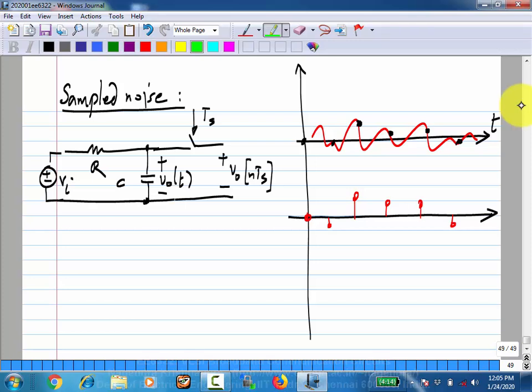Again, what is variance? It is an average over the ensemble, right? So imagine a lot of instances of the continuous time noise process, and each one is sampled, you get lots of instances of the discrete time signal. So you take the variance here, you take the variance there.